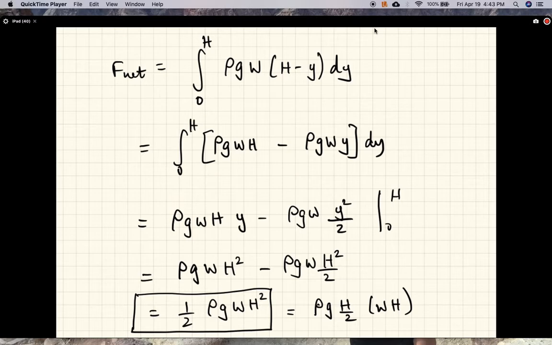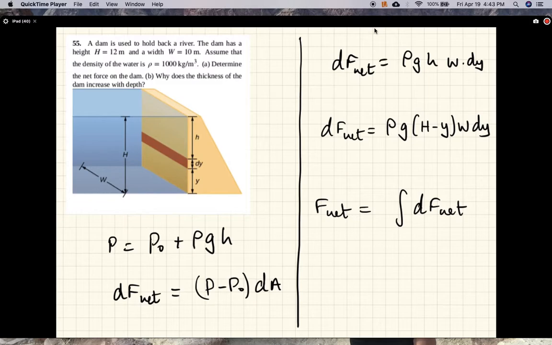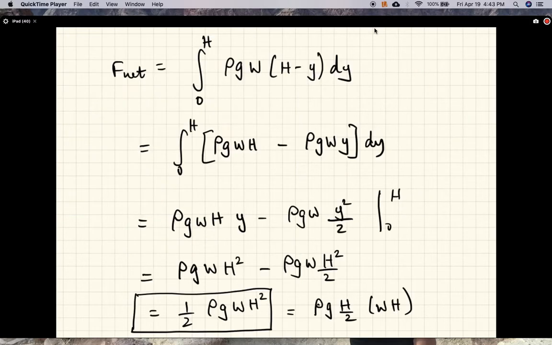Now you'll notice this is the area of the dam. Width times height is the area of this face, and the net force is the area times the pressure at half the depth of the dam. And that makes sense. This is average pressure times the area, which is the net force on the wall of the dam.